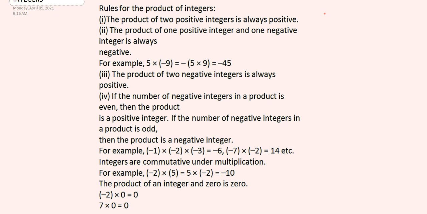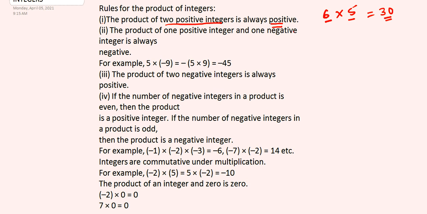So for example, 6 into 5, as you know 6 is a positive integer as well as 5. So 6 into 5 equals 30. So 6 5s are 30. So the product of two positive integers, 6 and 5, both are positive, and their product 30 is also positive.